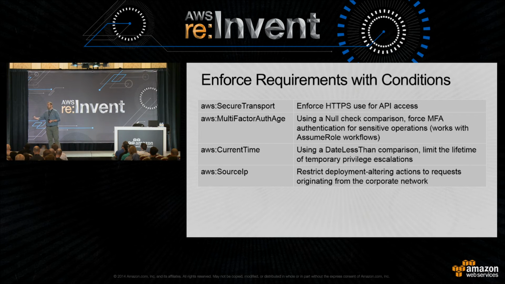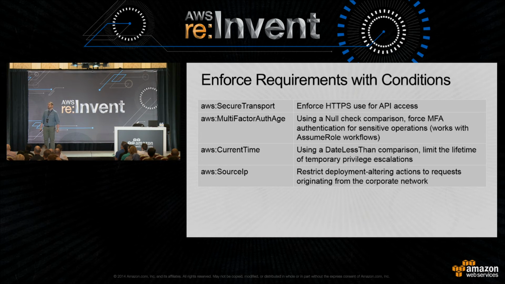Also, multi-factor auth age, when compared against null, says not how long has it been since you did the MFA check, but did you do one at all? And so you can use this to say, for these specific sets of commands, or maybe all of them, you can't do this unless you've used MFA to get your session.